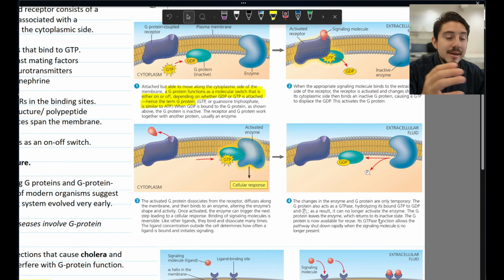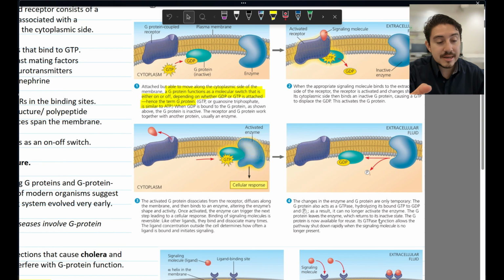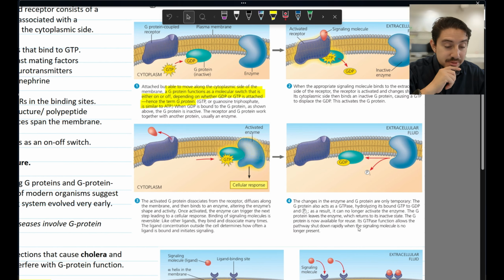So its play between the receptor and the enzyme will inactivate and activate the G protein. Okay, so the G protein is now available to be reused. Its GTPase function allows the pathway to shut down rapidly when the signaling molecule is no longer present.